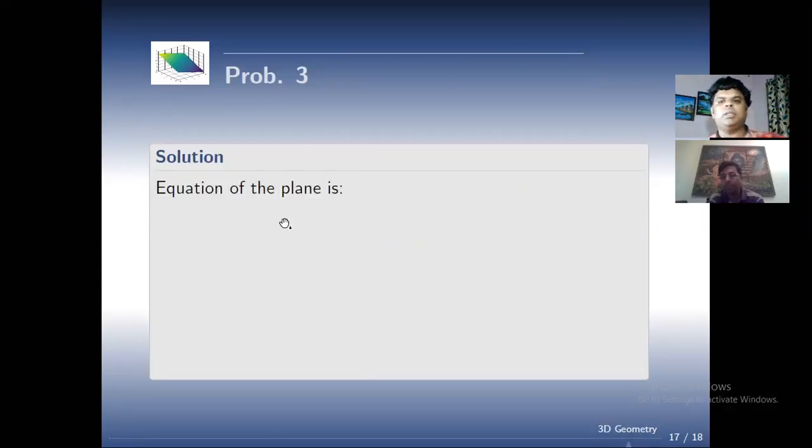So what I'll do is I'll find the equation of the new plane that is going to be in terms of lambda. It is going to contain the line of intersection of two planes. So it is going to be the first plane plus lambda times the second plane, and that is equal to 0.